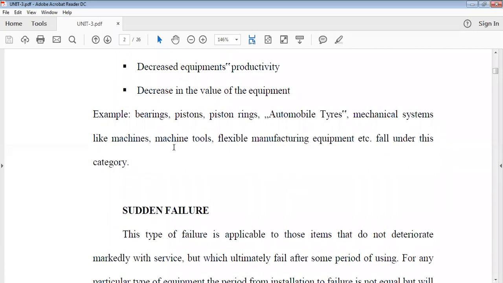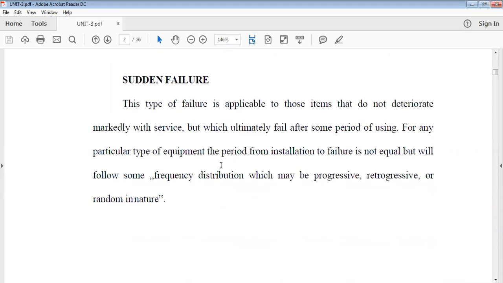The life depends on the service delivered. As for sudden failure, we cannot predict it. They work up to a particular point, and after some time they may fail suddenly, and the failure of such items generally follows a particular pattern, progressive or random in nature.